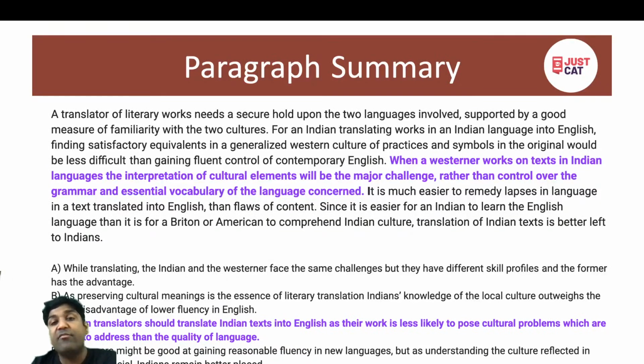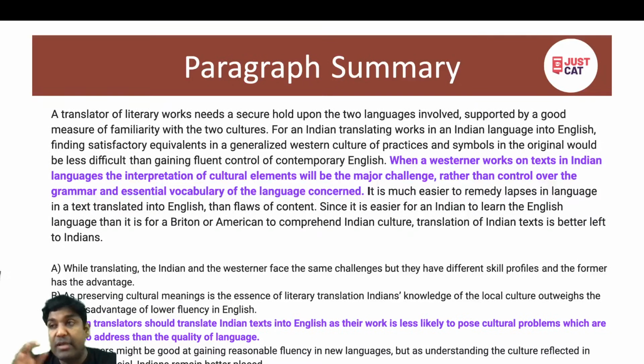Culture, he can travel, he can read a number of books, talk to people, and he'll understand the finer nuances. But language will take many years. But the author doesn't think like that. So it's not what you think, it's what the author thinks. Again, remember this.